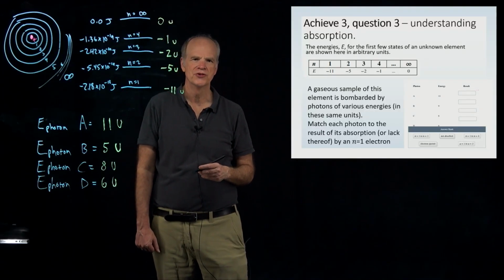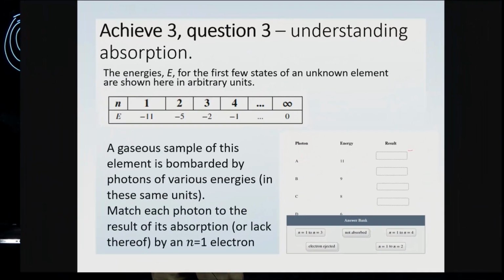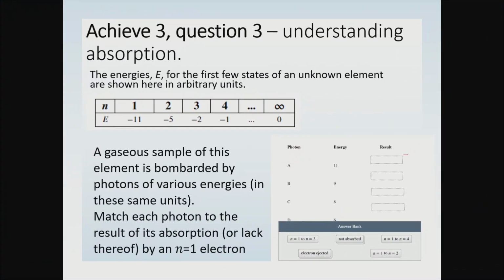If I can sort of blow up the slide, please. So the question reads as follows. The energies, or E, for the first few states of an unknown element are shown here in arbitrary units. And then you're given a table there. So let me explain the table. You see that there are two rows. The upper row here is a listing of the Bohr orbits.